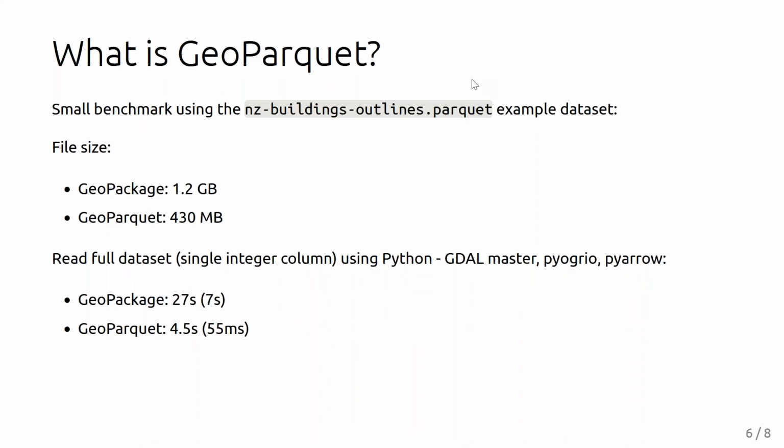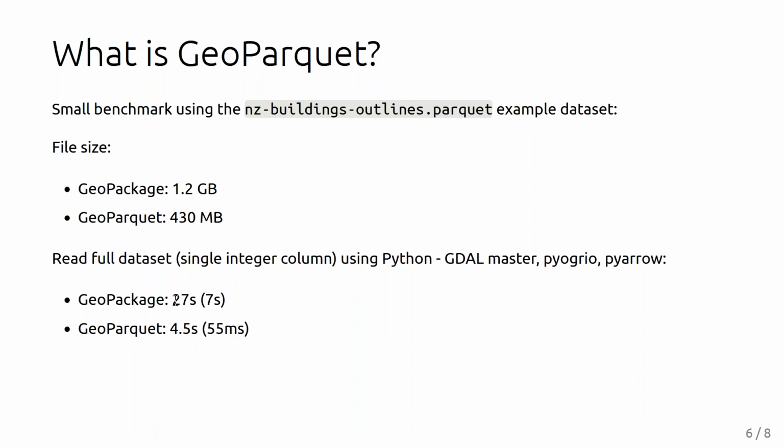But it is a small comparison on the example data set that is linked from the README of the GeoParquet repo. It's a polygon data set. So there's a small comparison of the file size compared to GeoPackage. You see that GeoParquet gives a much smaller file, which can also be read faster.